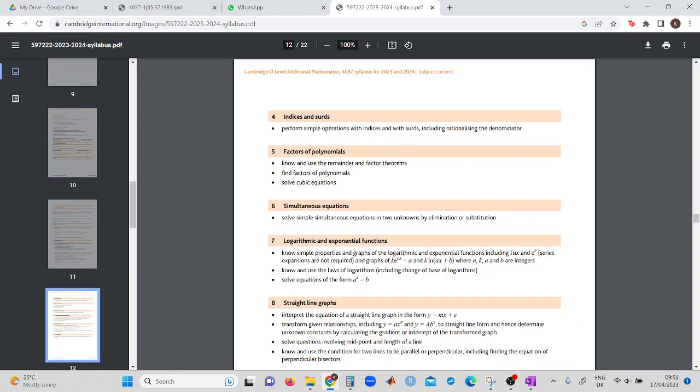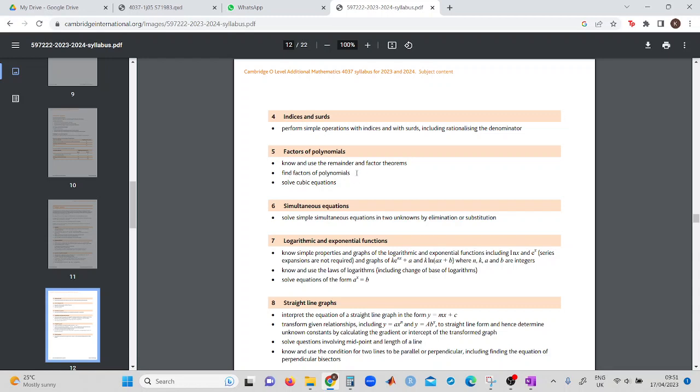Okay, so you should be able to know and use the remainder and factor theorem. What we did, remainder theorem, that is, you replace a value in your polynomial and you should get a number. This is the remainder. For the factor, when you replace the number, you should get it equal to 0. So we did that today. Find the factors of polynomials, that we also did.